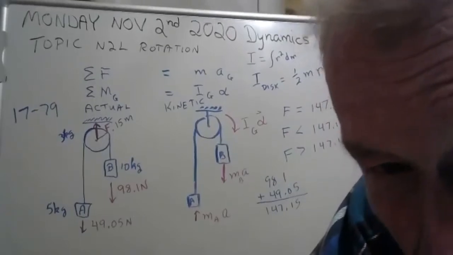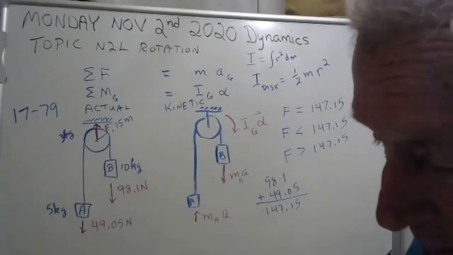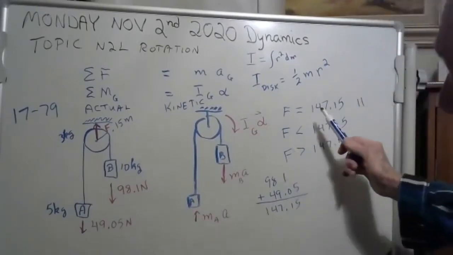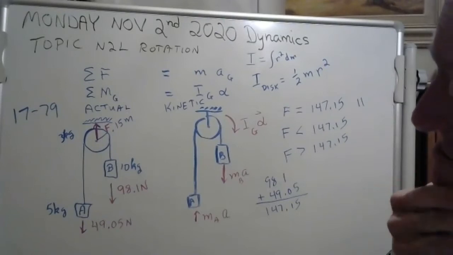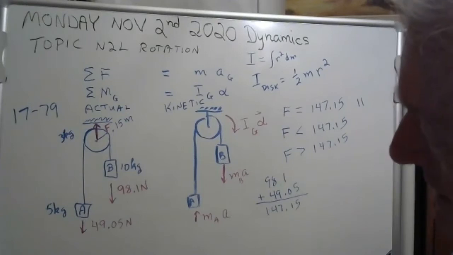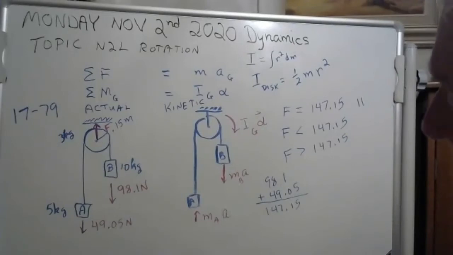Well, let's see somebody else here. Mark, unmute and say hello. Hello. Mark, I want you to tell me which one of these three you think is true. Well, both of the weights are pulling down on the pulley, and there are accelerations on them, but one is accelerating upwards and one is accelerating downwards.